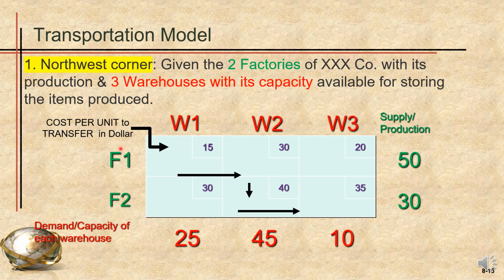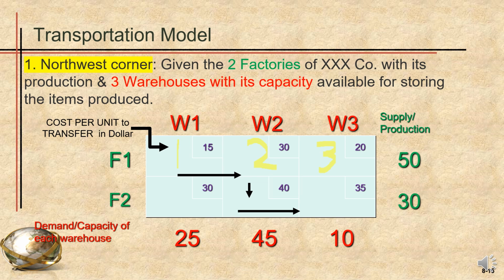So this F1, or units from factory 1 going to warehouse 1, this portion is what we call cell number 1. And then if we move units from factory 1 going to warehouse 2, we call it cell number 2. Then this cell will be called cell number 3.